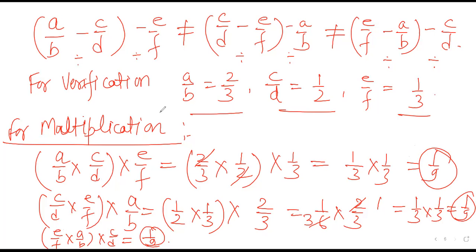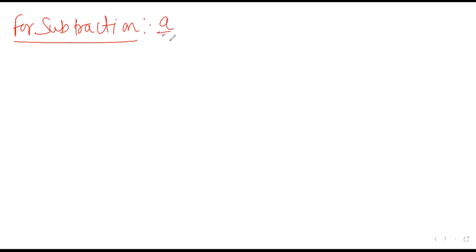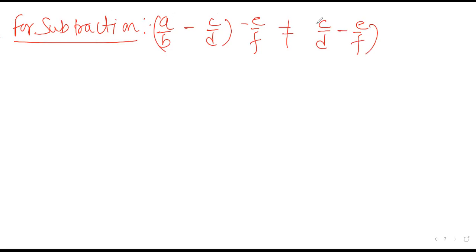Now for subtraction or division, I'm doing subtraction here. A upon B minus C upon D minus E upon F is not equal to C upon D minus E upon F minus A upon B. Let us solve this.